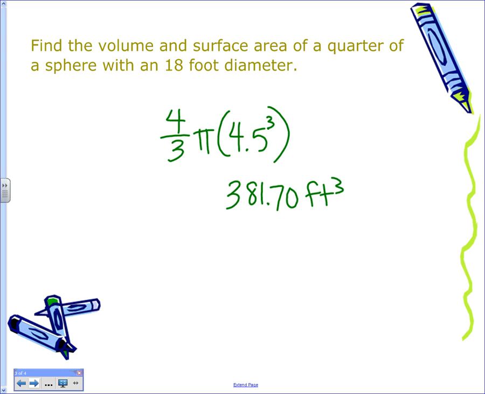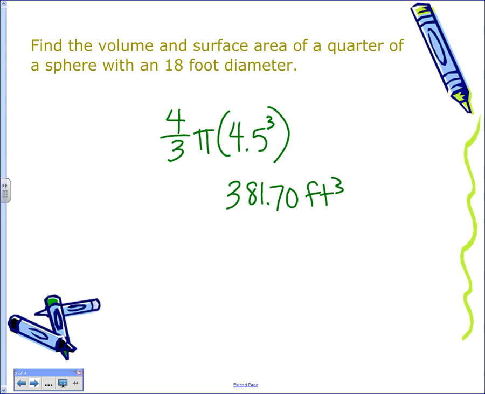It's a fourth of the diameter. Is that what you're supposed to do to find the quarter of a sphere? How would you find the actual volume of the sphere? You do 4/3 pi and then what? Times what? Which is?